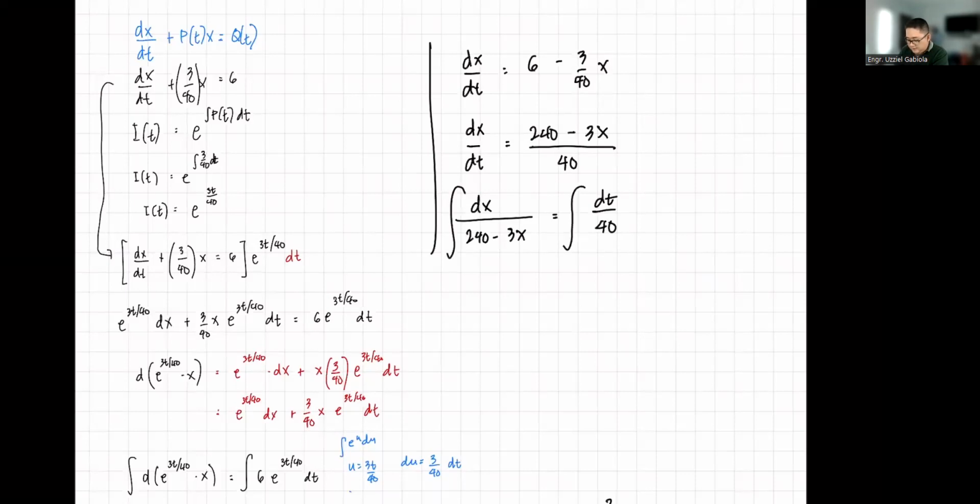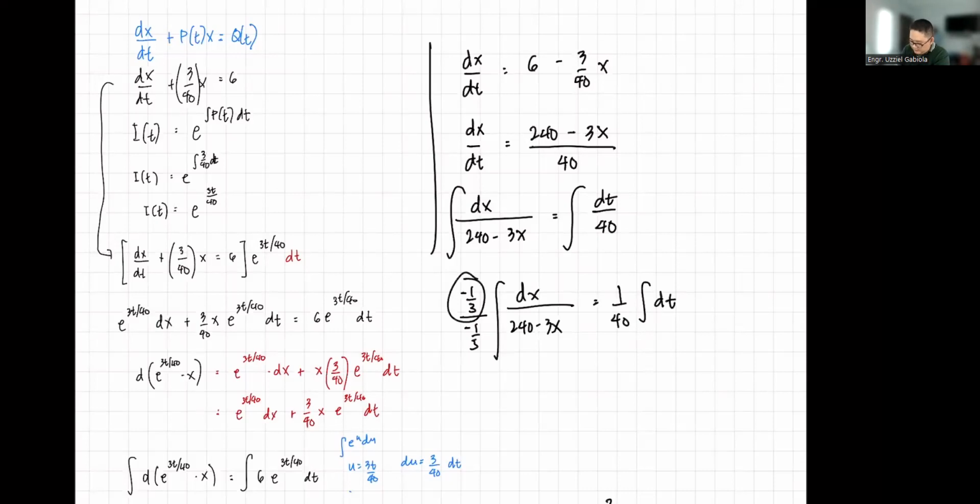We need to satisfy du over u, so we multiply by negative 3 over negative 3 to put it inside the integral, and take out the 1 over 40 dt.